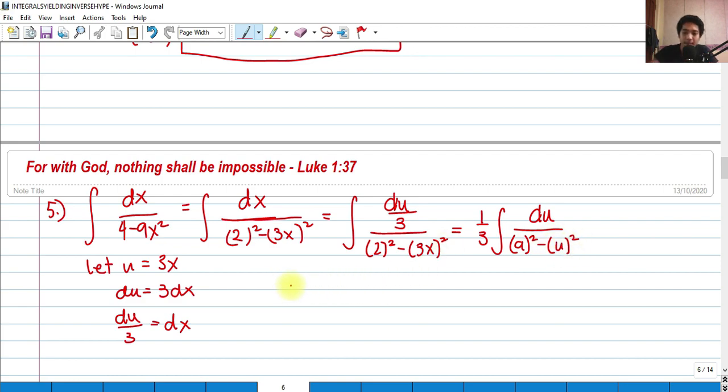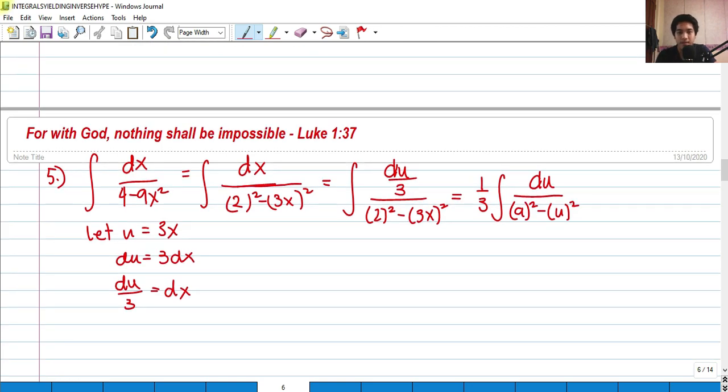In this example, I will not be doing the inverse, but rather we're going to use the natural logarithm.